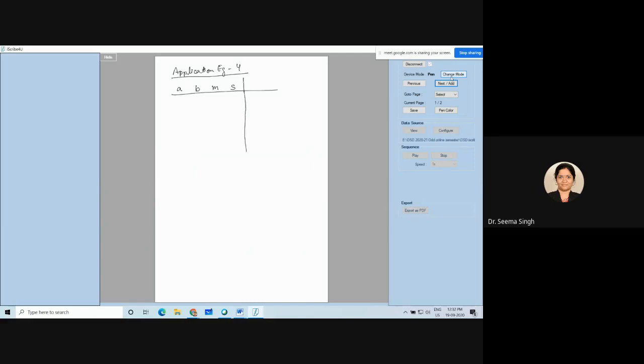All these become your inputs, right? And what is your output? Capital M is your output, which is the master control of the conveyor belt. Now, when 4 variables are there, we have to write the truth table in a way that all the conditions are taken care of.